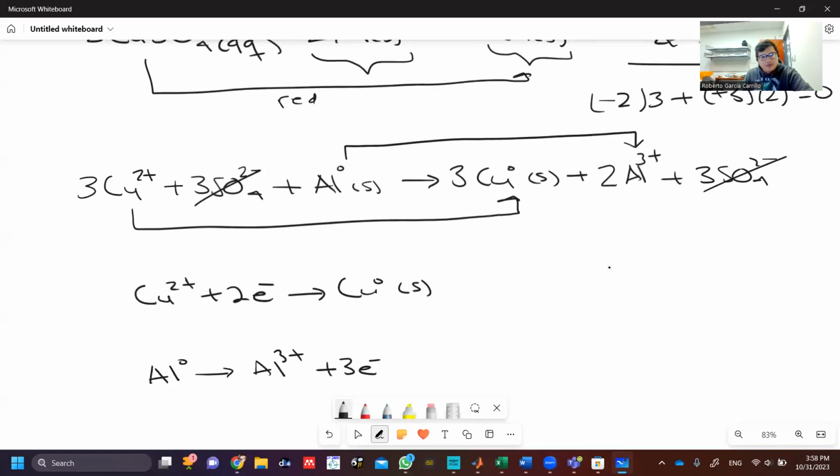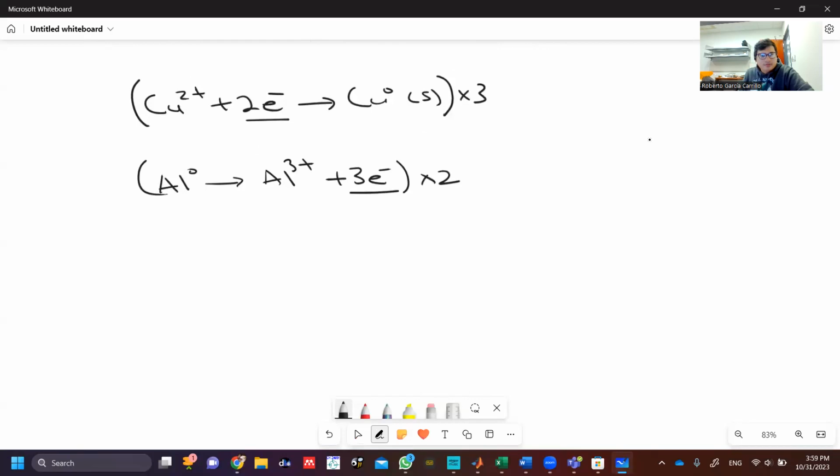And you can see that the charge is not balanced, because here you have to gain 2 electrons, and here you have to lose 3 electrons. So in order to balance out the charges for the electrons, we need to multiply this one times 3 and this one times 2.